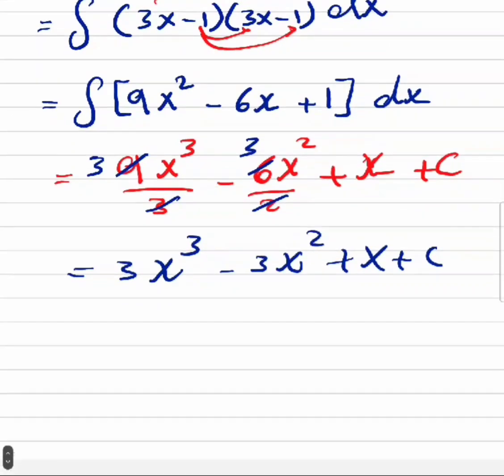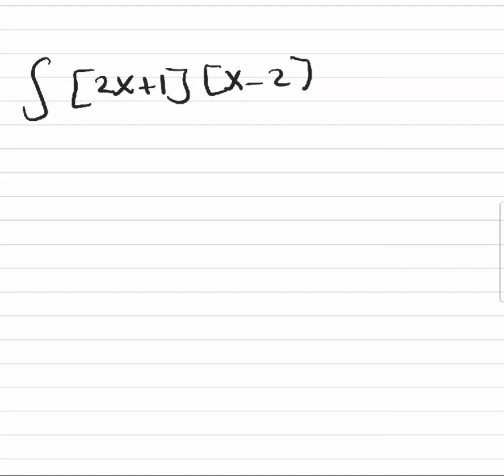Let's try this one. (2x + 1) times (x - 2) dx. So just like the last example, we need to FOIL first. 2x times x is 2x squared.